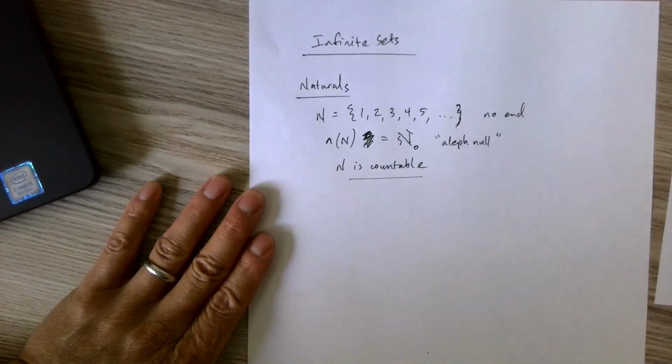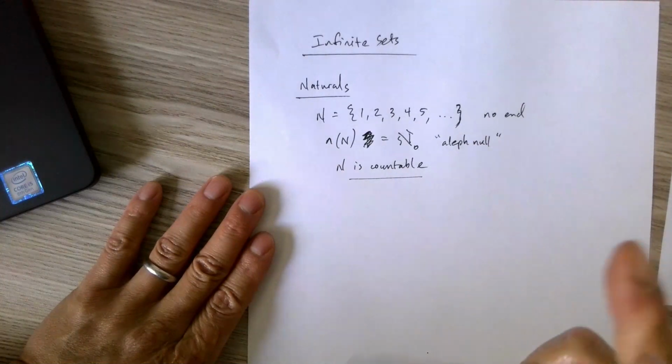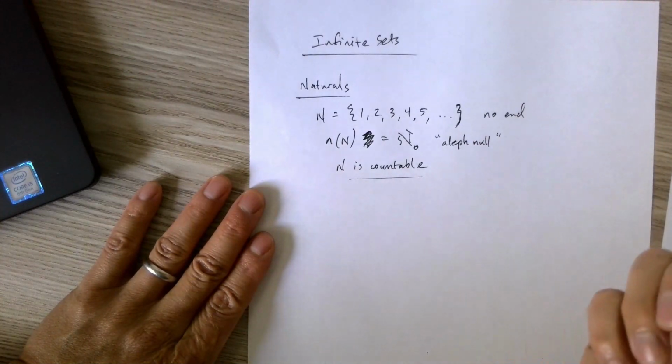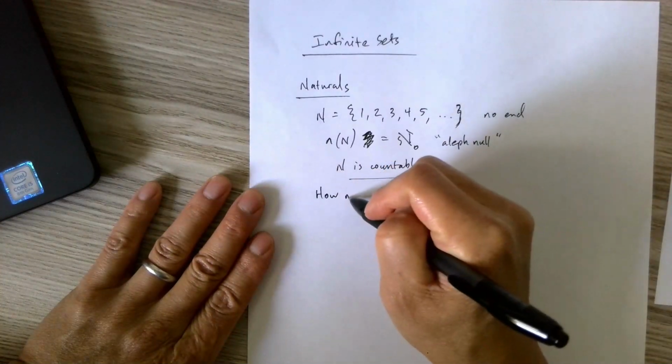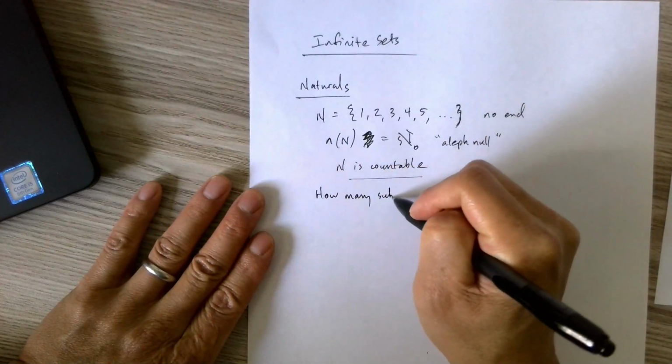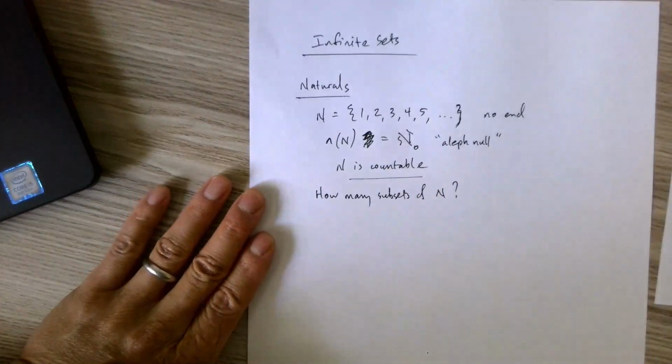It is not a real number, of course. Okay, now that we have the cardinality of N, I want you to think about how many subsets of N there are. How many subsets?